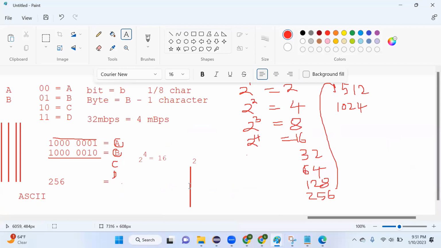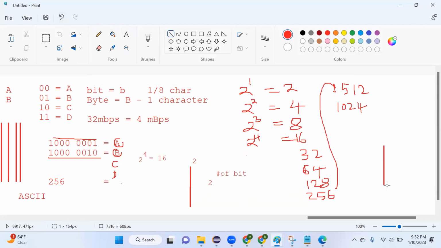How many bits? 1. So this calculation is: this will be the number of bits, this will be the power, and the base will be 2, because every bit has only 2 pictures, 0 and 1.